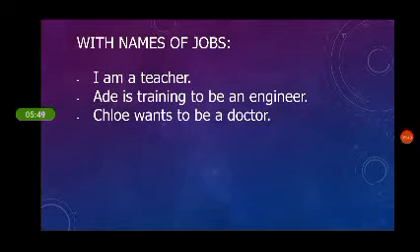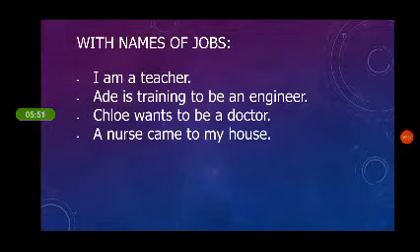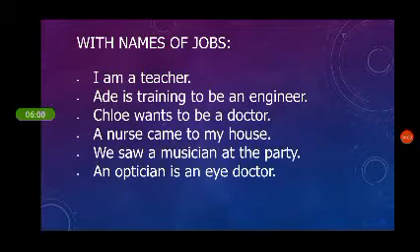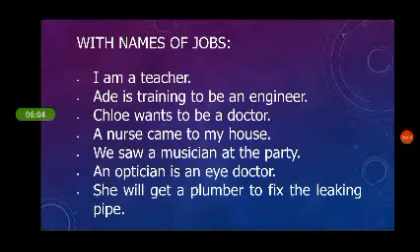Chloe wants to be a doctor. A nurse came to my house. We saw a musician at the party. An optician is an eye doctor. She will get a plumber to fix the leaking pipe. So if you look at the jobs there, we use a or an to refer to them.